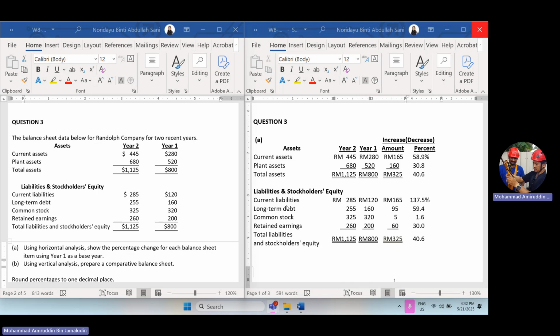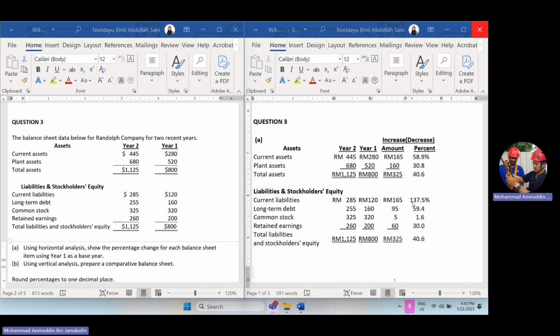Long-term debt. And then you see my current asset increased by 59%, my current liability increased almost by 138%. You should know, for businesses and organizations, you will use your current asset to settle your short-term debt. What is short-term debt? Here, your current liability. In other words, you will use your current asset to settle your current liabilities.